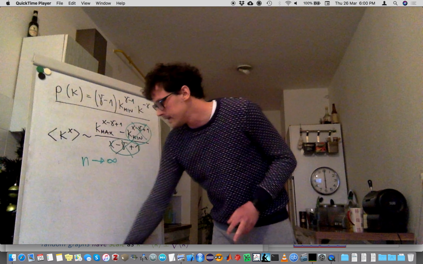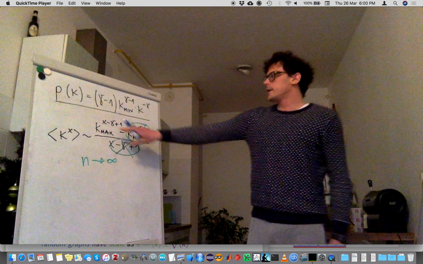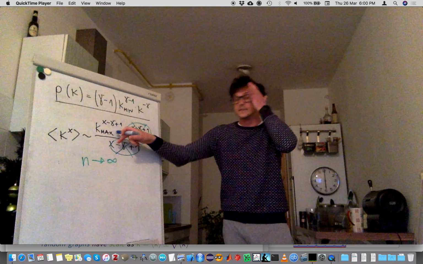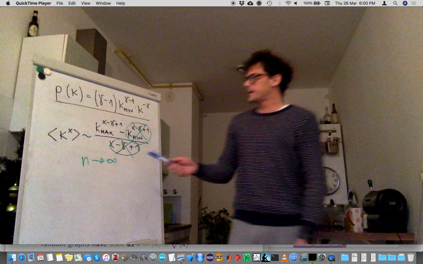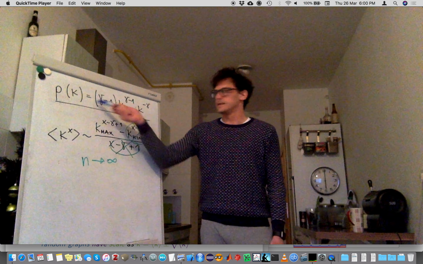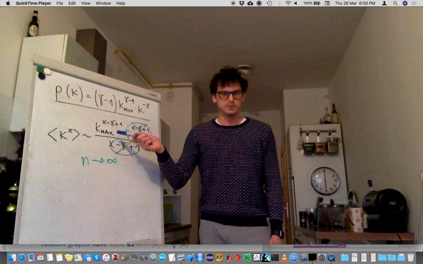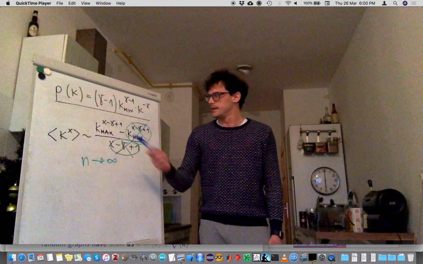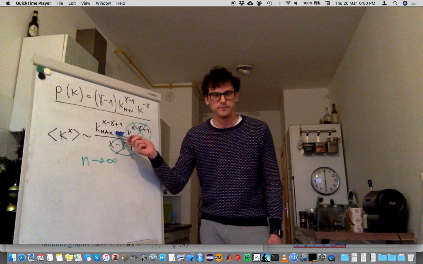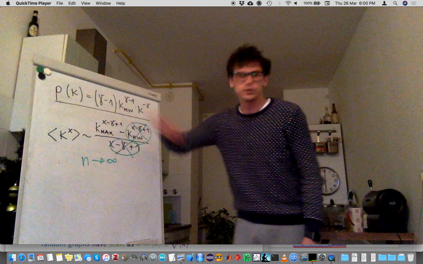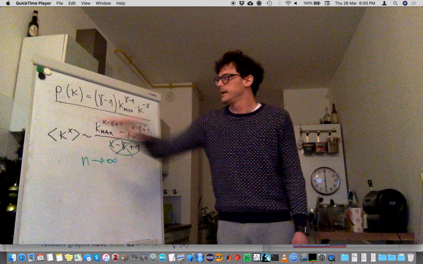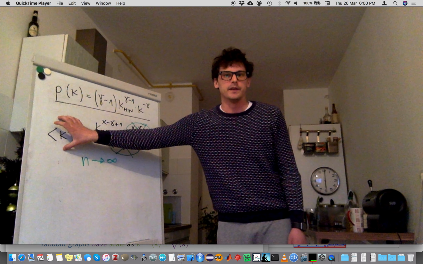Now here, we cannot just cross this value. Why? Because on the previous slide, we have shown that k sub max in the case of a power law scales with n. When n goes to infinity, also k sub max goes to infinity. And infinity to some power will also go to infinity, meaning that the moment will diverge.